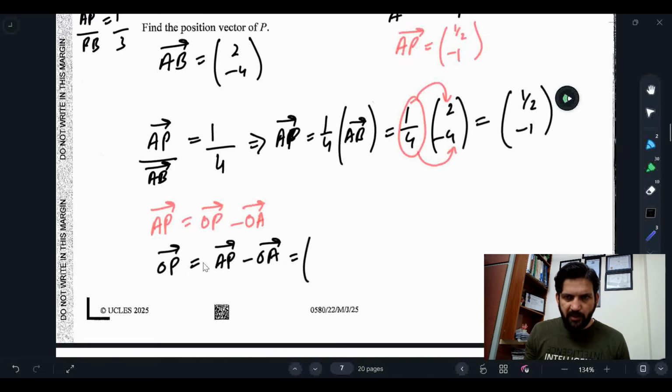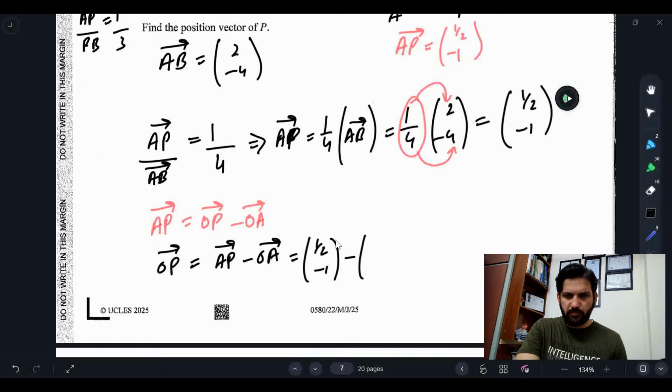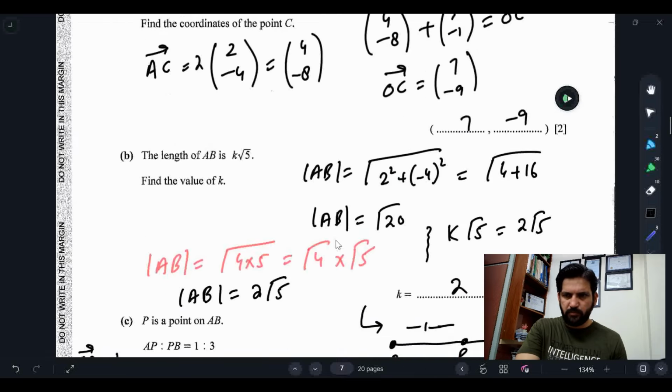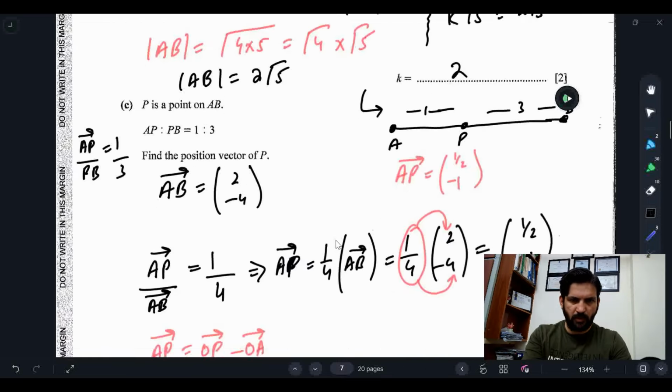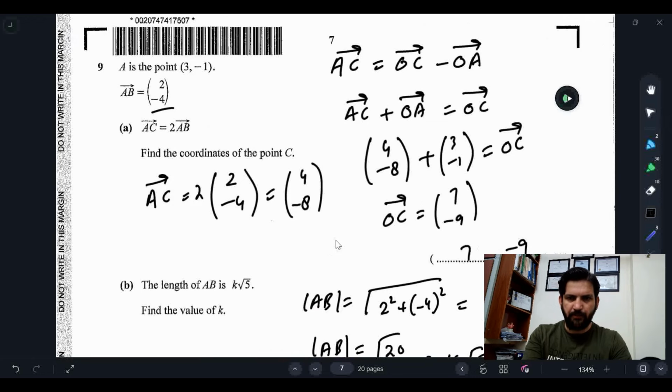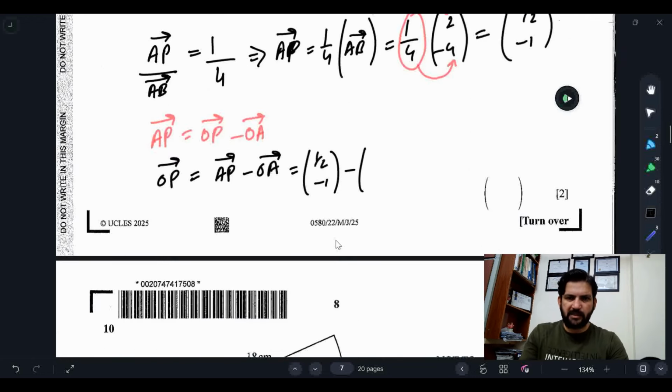Now AP is (1/2, -1), plus OA. Okay, if we simply note down the point A, A is not (2, -4), A is (3, -1).